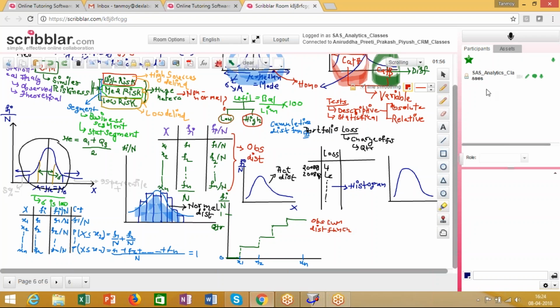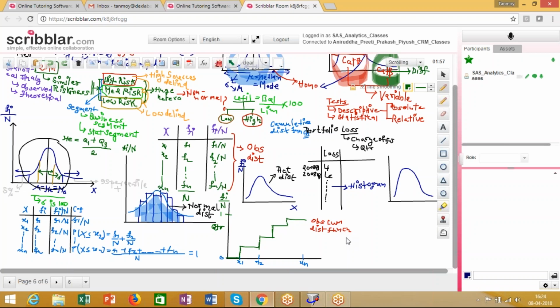This is the observed cumulative distribution function, which is created from the observed frequency distribution.